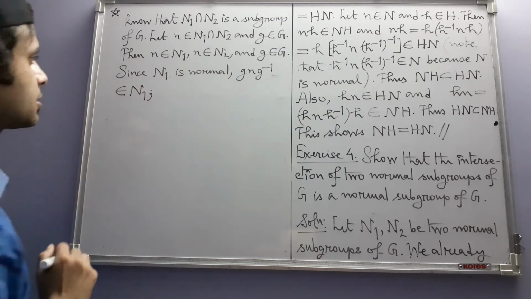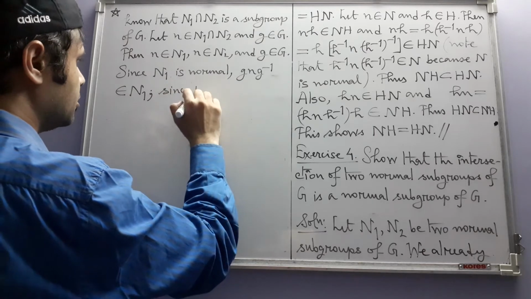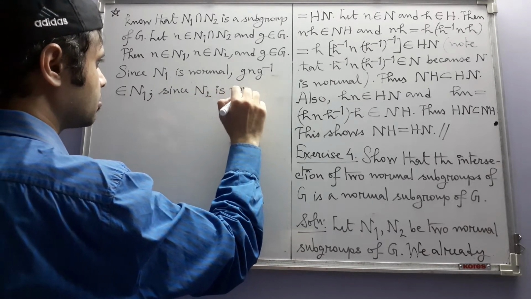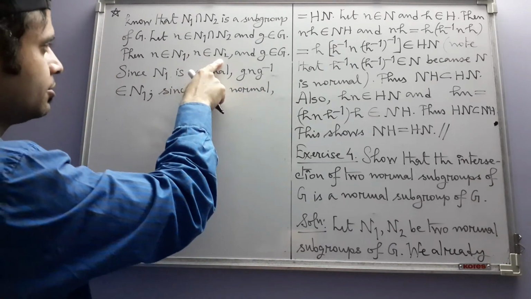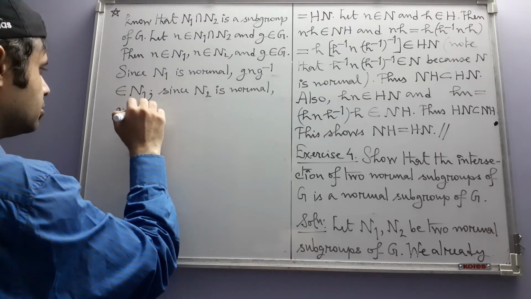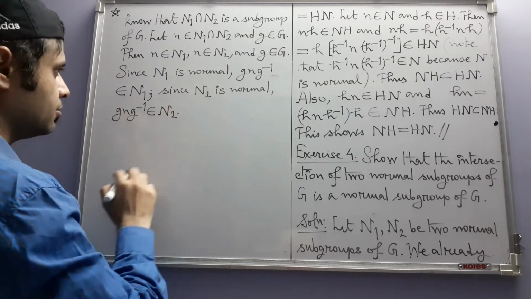Like that, since N2 is normal and n belongs to N2 also, g n g inverse at the same time belongs to N2.